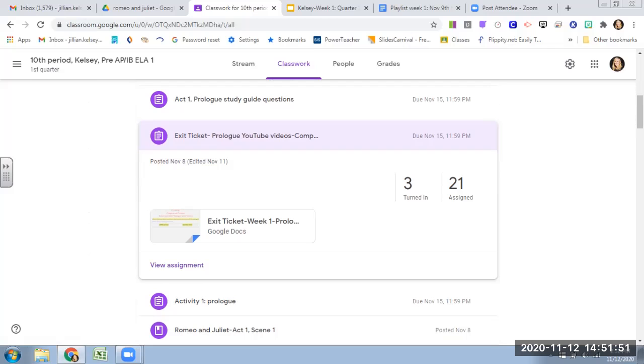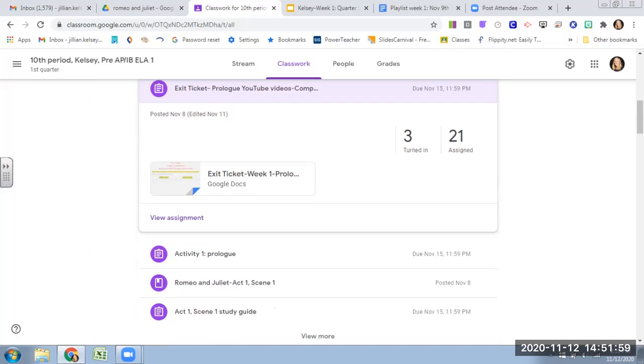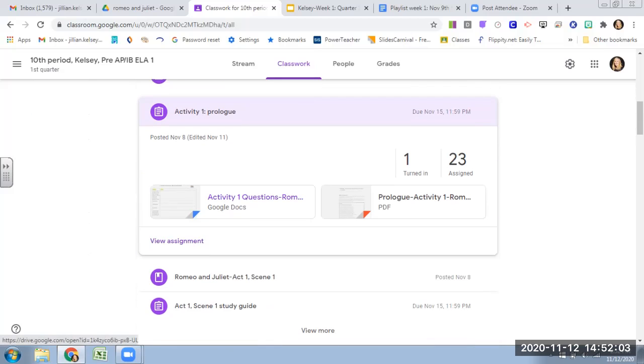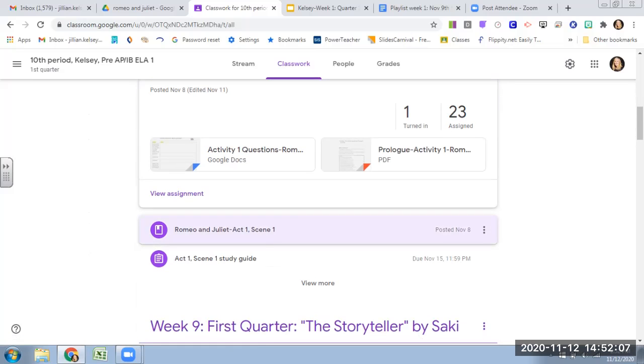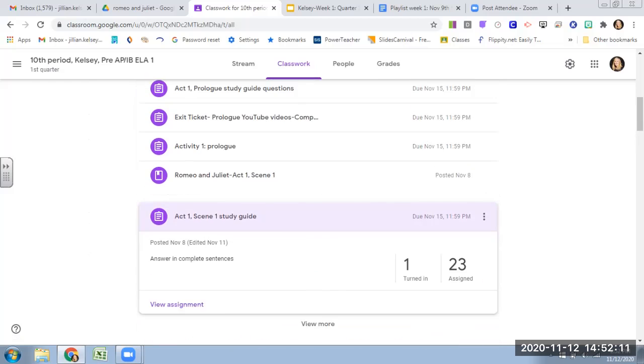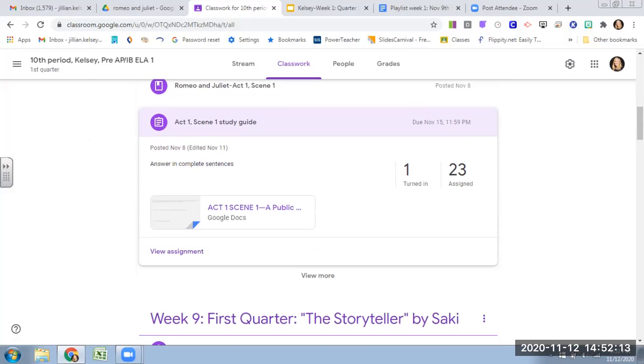Here is your exit ticket. These are the 2 movie versions of the prologue, similarities and differences. This was your Wednesday 30-minute activity. Activity 1, questions from the prologue. Here is the text for Act 1, Scene 1. Here is the study guide for Act 1, Scene 1.